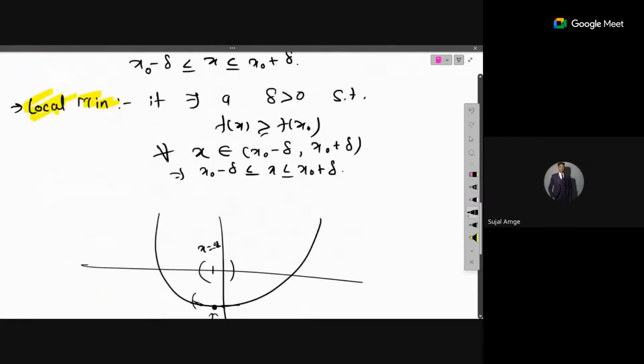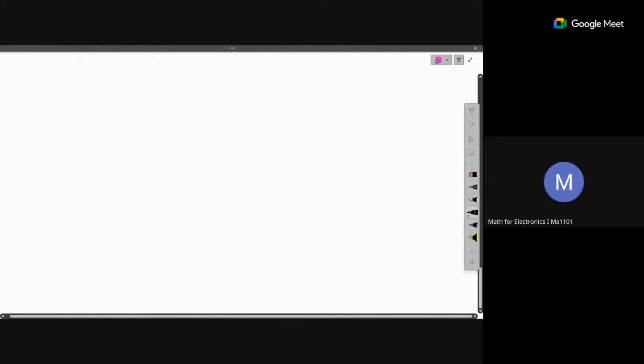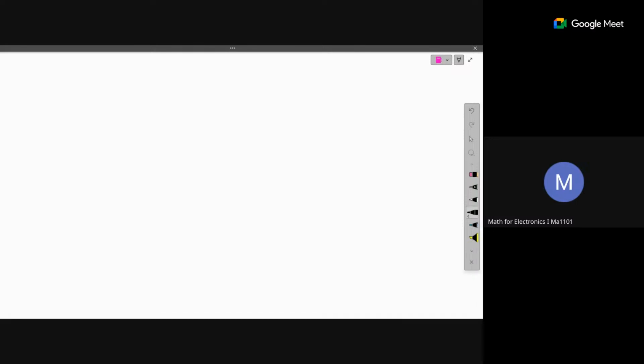Yes, fine. Okay, now let's see how we can judge these points of local maxima and minima using the derivative. There is a theorem. What does this theorem say?